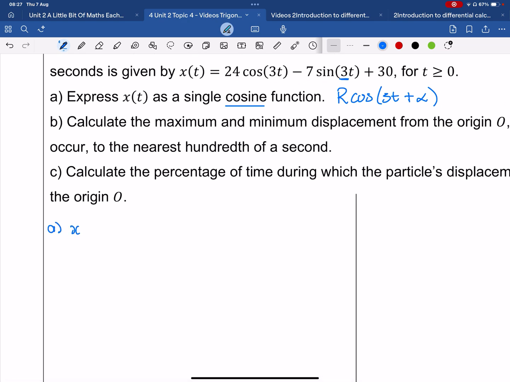We've got x of t is 24 cos of 3t minus 7 sine of 3t plus 30. And I have a look at my formula sheet and I see that cos of a plus b can be rewritten.